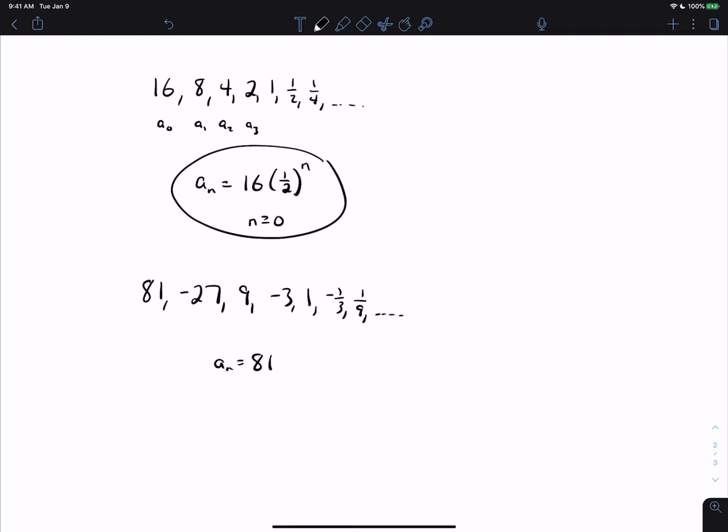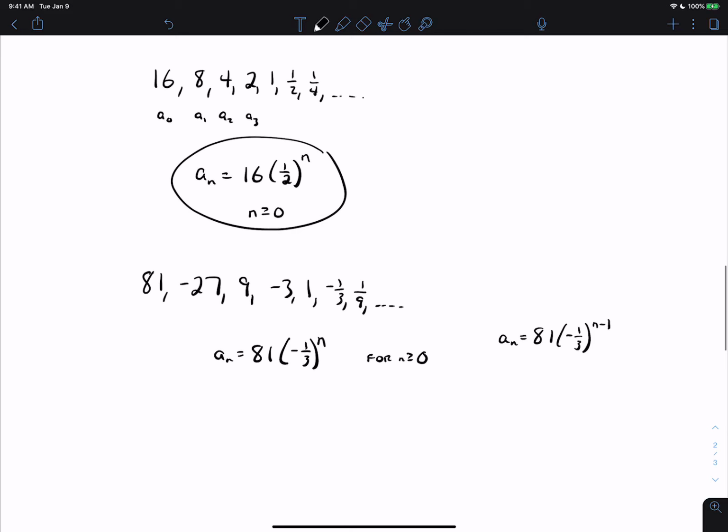Okay, so we should be getting 81 times negative 1/3 to the n for n greater than or equal to 0. Or if we start with n equals 1, we could do 81 times negative 1/3 to the n minus 1. Here you're multiplying by negative 1/3 every time.